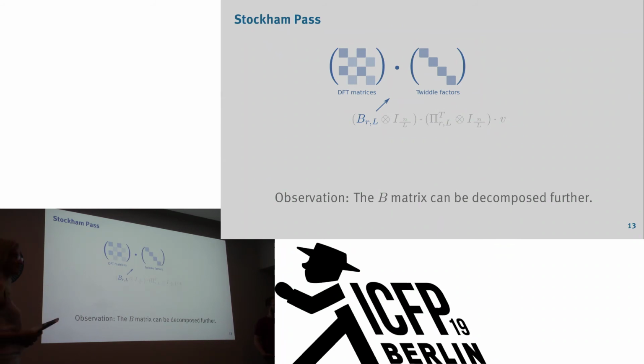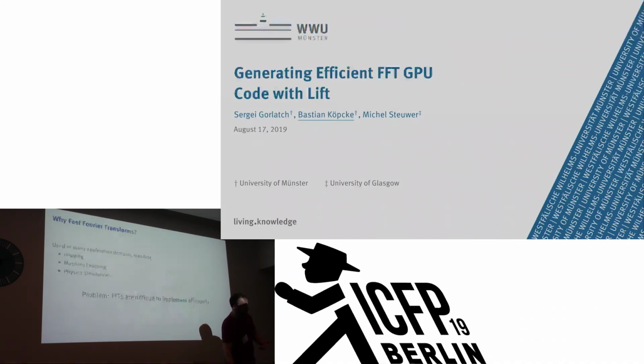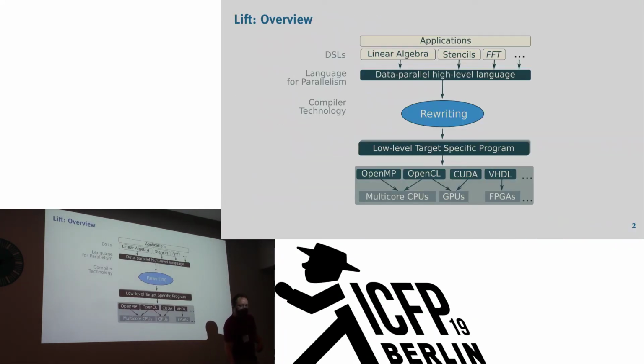Could you say a little bit more about the Lift project? The Lift project has I think been invented by Michel Steuwer. It's a compiler together with a functional language. The ideas, I guess, can be described a little bit similarly to what we saw earlier with Accelerate. But here we have this specific language.